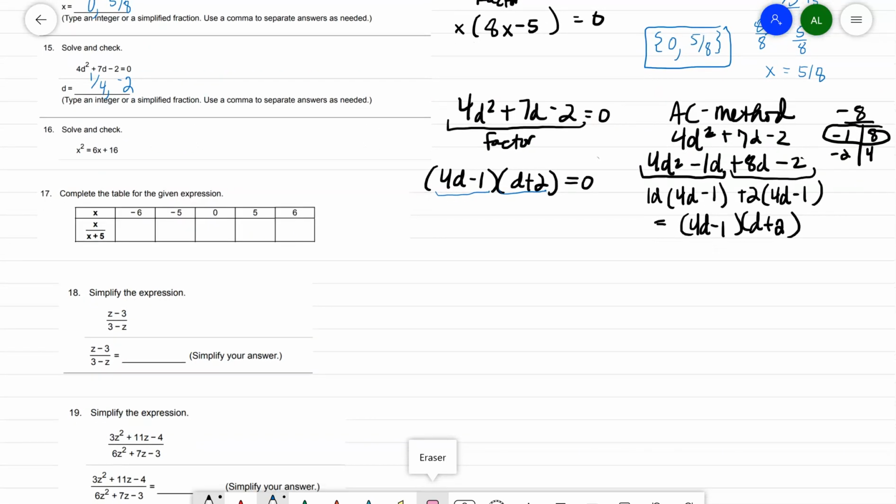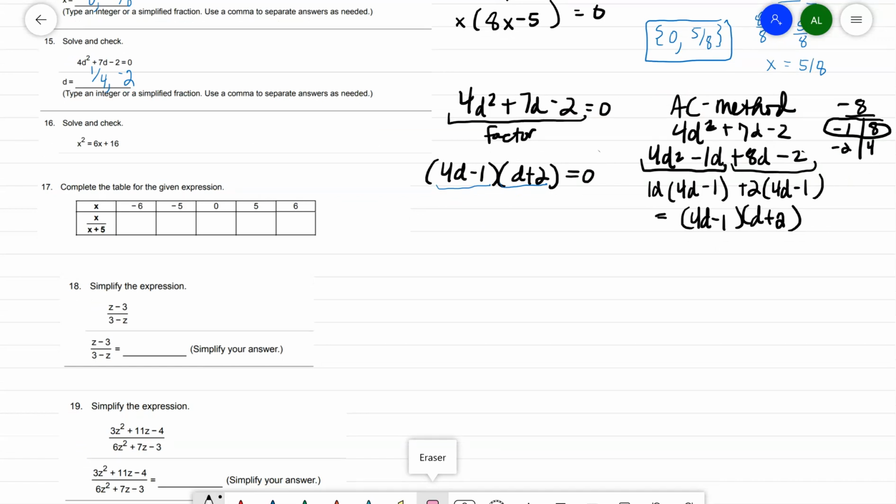Now, we're moving to number 16, where the equation is not in standard form, all right? It's not in standard form, meaning we do not have x squared plus bx plus c equals 0. We don't have all the terms on one side and one side equal to 0. So we're going to make it that way.